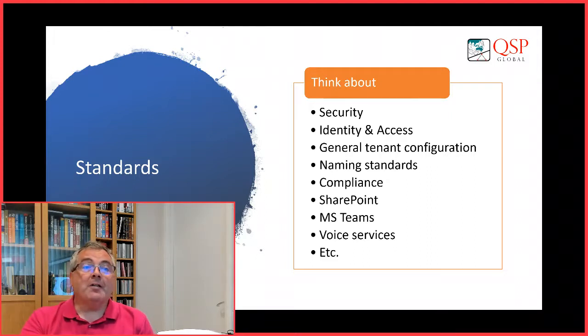Think about what licenses are going to need to be purchased and all the standards around the features that are going to be enabled day one, progressively, or indeed whether some are not going to be enabled. Just going back to what I was saying about Staff Hub, Sway, Bookings is another example.